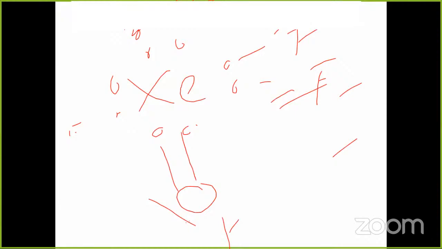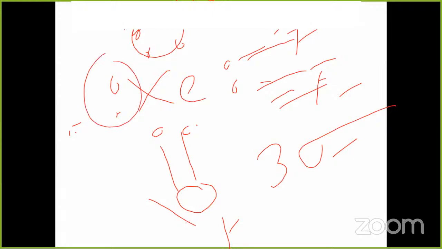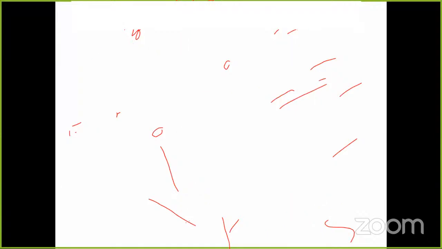We have to consider only sigma bonds for hybridization. So around xenon, how many sigma bonds? 1 sigma, 2 sigma, here 1 sigma, 3 sigma, and how many lone pairs? 2 lone pairs, total 5. Right? 5 means sp3d hybridization.